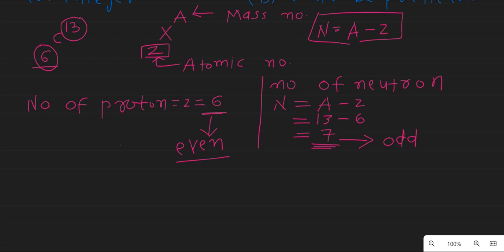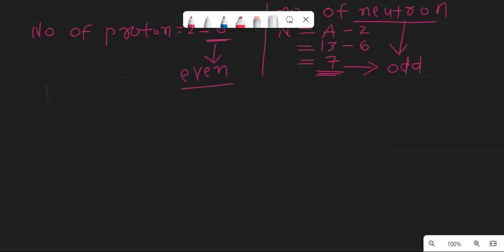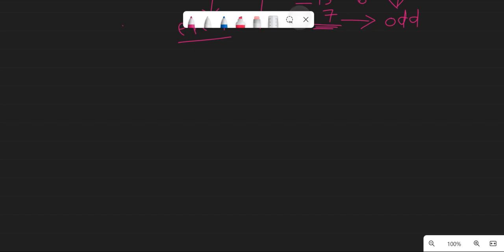So according to the shell model, we have to fill the one, proton or neutron, whose number is odd. Here the neutron number is odd, so we will fill neutrons according to the shell model.